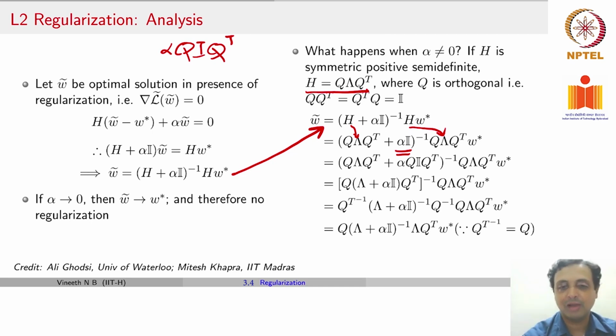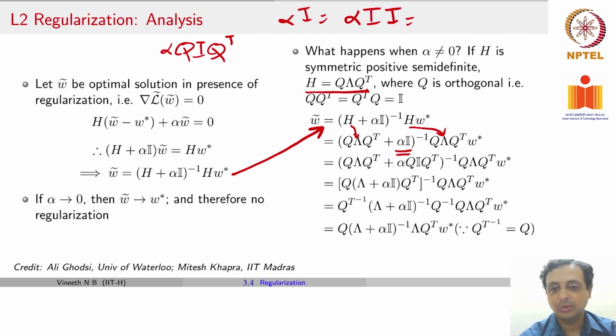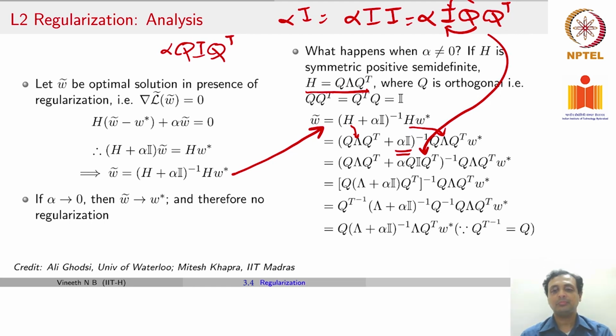So for example, this alpha I can also be written as alpha I, two identity matrices, it doesn't matter. But then I we know is Q Q transpose. So I can write this as Q transpose, and then by commutativity, I Q is Q I. I can change it, and that way I'll get what I have here. This whole inverse times Q lambda Q transpose w star.